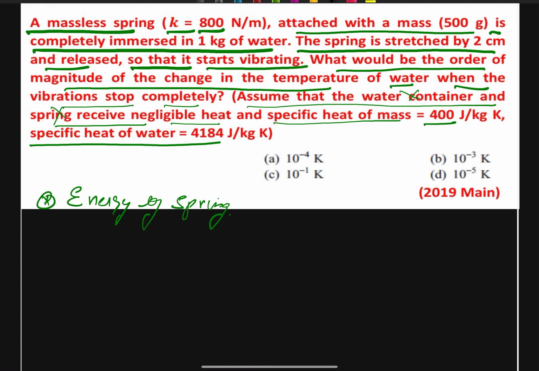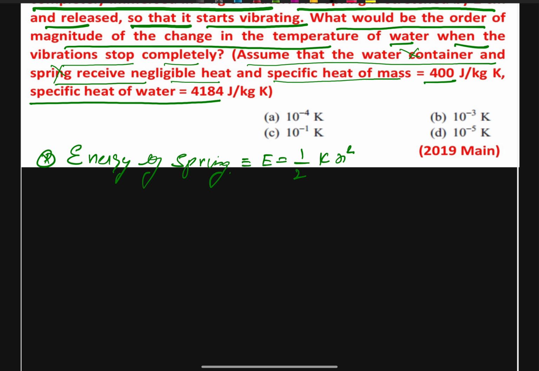So energy of the spring, which will be our potential energy, is E equal to half k x square. We substitute the values: E is equal to half, k is given as 800, and x from the mean position is 0.02, which gives us 0.16 joules.